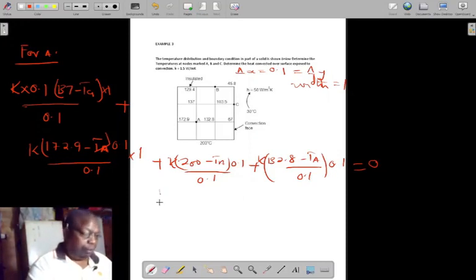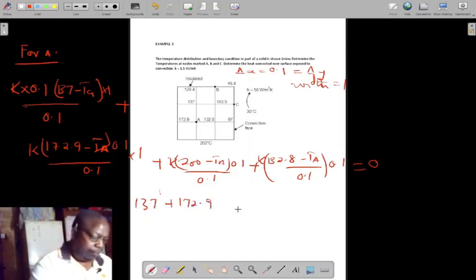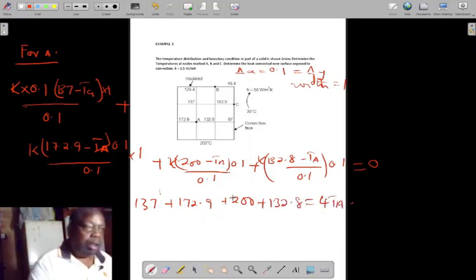If you simplify that, you'll get 137 plus 172.9 plus 200 plus 132.8 is equal to 4TA.